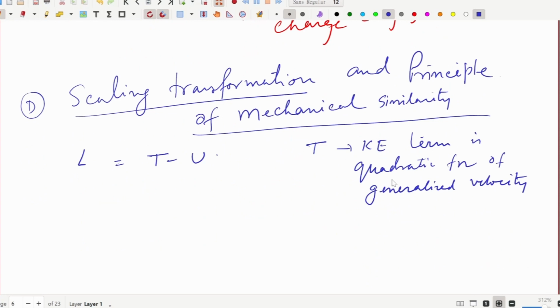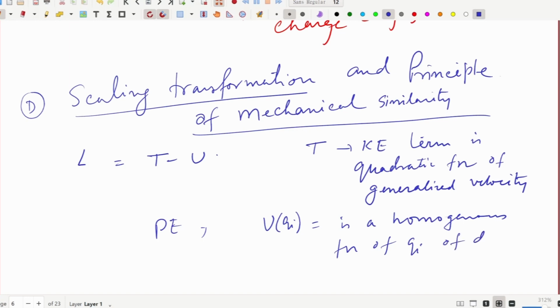And also we will assume this depends only on generalized coordinates: the potential energy u(q_i) is a homogeneous function of the generalized coordinates of degree k.